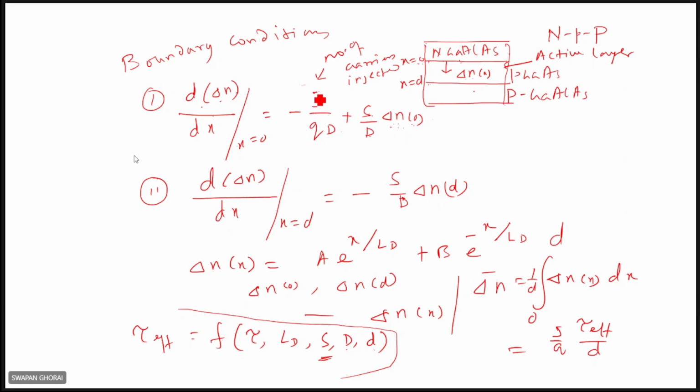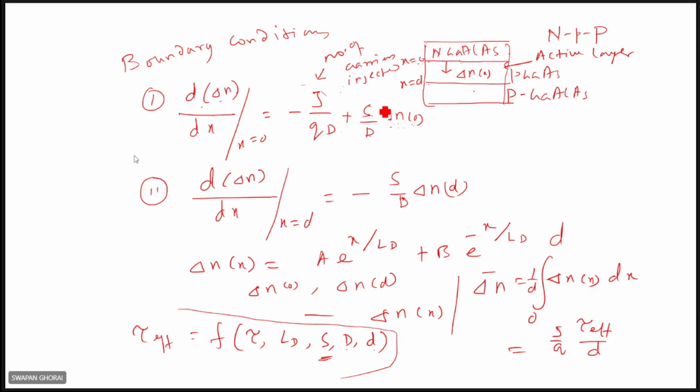What is the first term? It is actually j, because of current. When it is biased, carriers will be injected. So this represents the number of carriers injected.